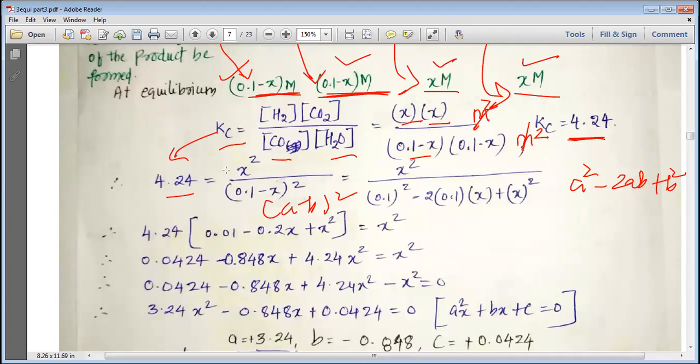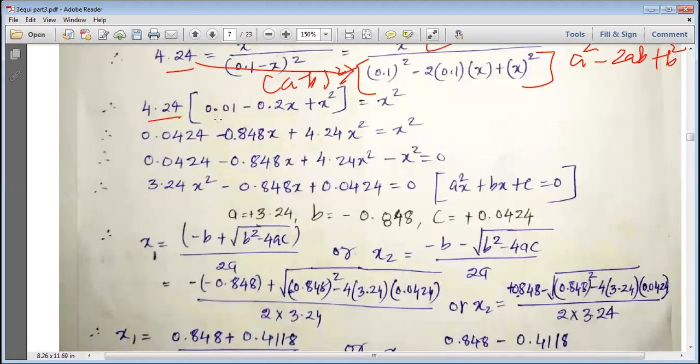Now if we multiply this by 4.24, I get 4.24 multiplied by this bracket is equal to x square. Multiplying 4.24 with all these numbers, I get 0.0424 minus 0.848 x plus 4.24 x square, equal to x square.